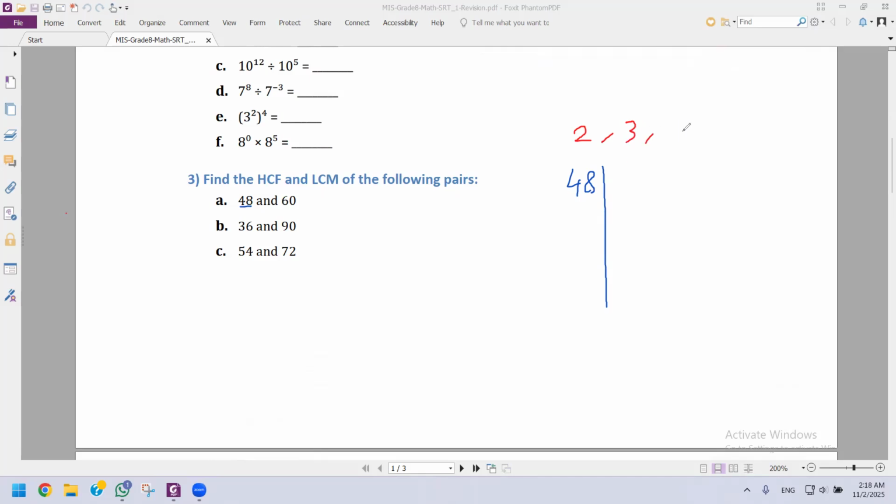Then 4 is not a prime number. Why? Because I have 2 times 2, or I have 4 divided by 2. So actually all the even numbers can be divided by 2. So the only prime even number is 2. Again, the only prime number that is even is 2. All the other even numbers are not prime. After 4, what do we have? 5.